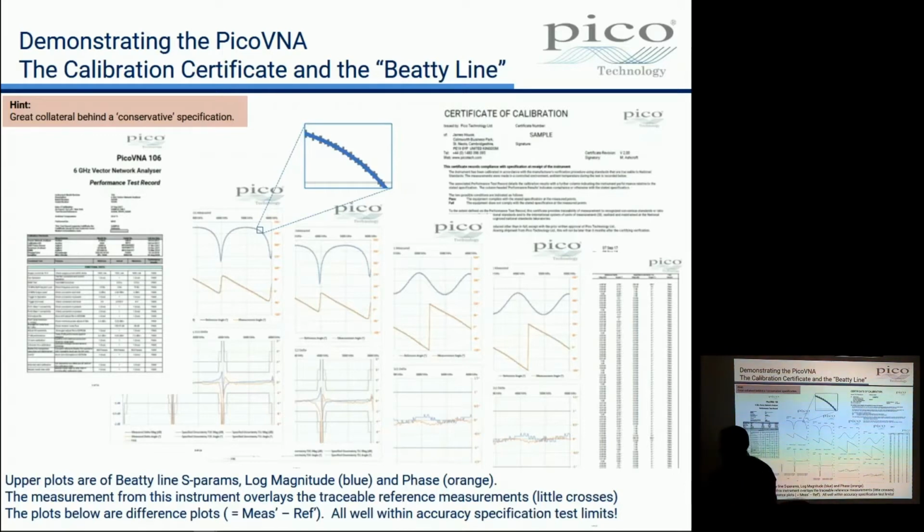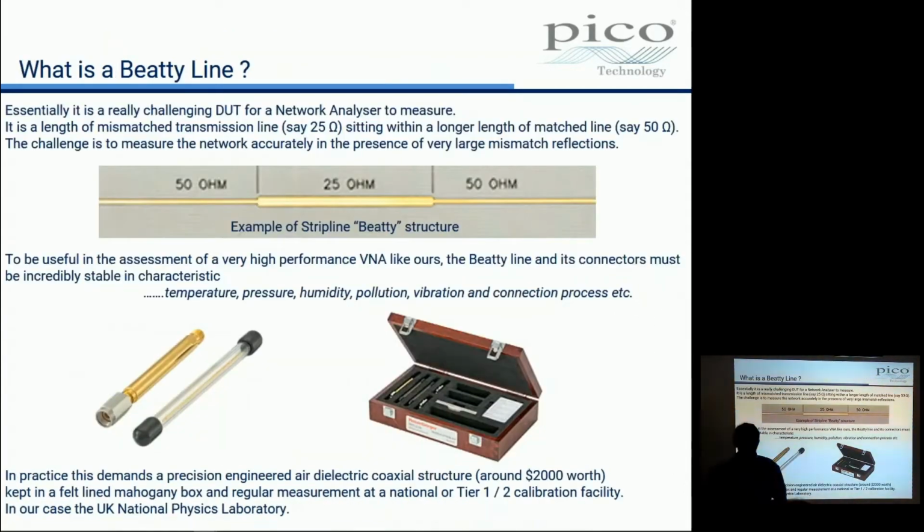Right, so I need to tell you just briefly what a BT line is. If it were a piece of strip line on a PCB, 50 ohm strip line is a certain thickness as it goes along the board.